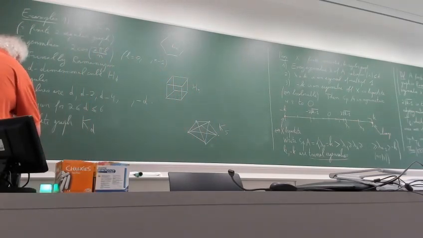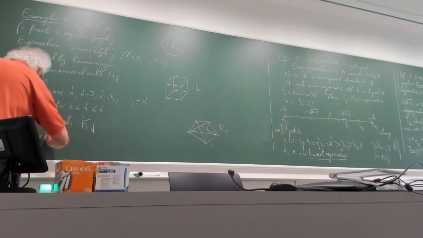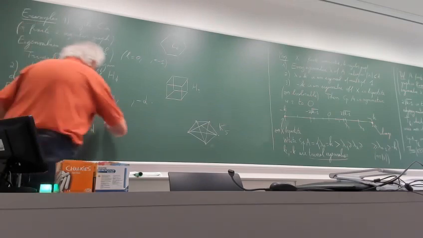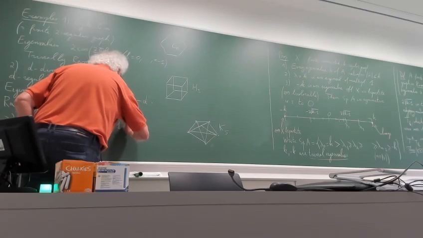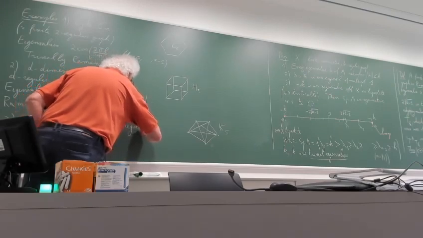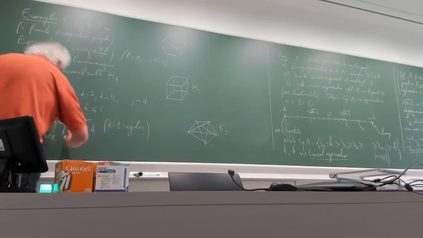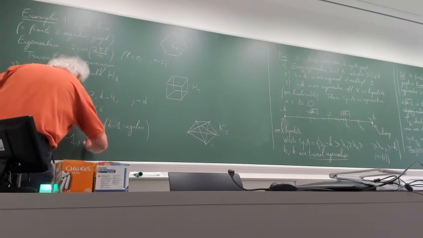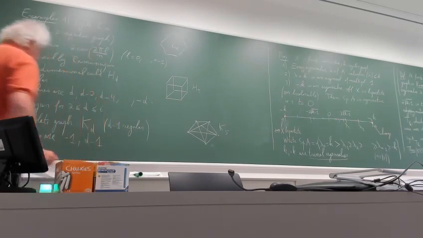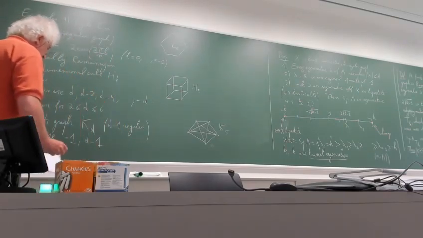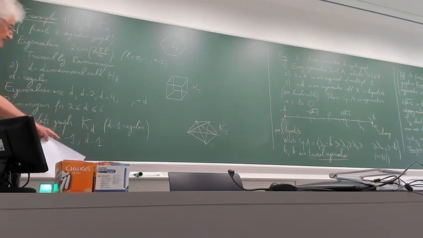And then here the eigenvalues: this one is d minus 1 regular, and the eigenvalues are minus 1 and d minus 1. And so this one will be Ramanujan for every d.